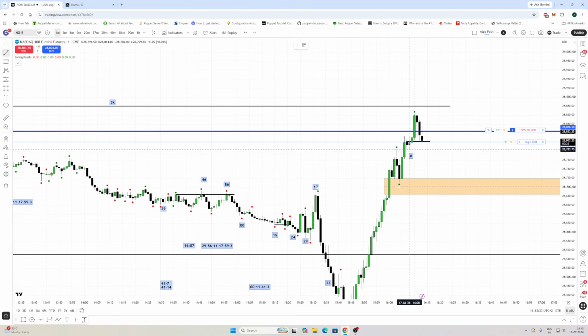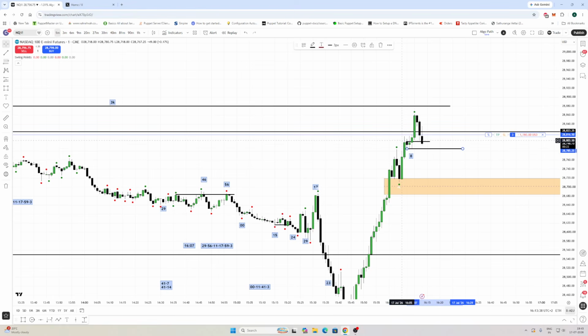I can't put an SL here because it might wick, but I know this order block is going to protect. Right now it is 13, so we still have 14 and 15 as the CE, which can push the price higher.